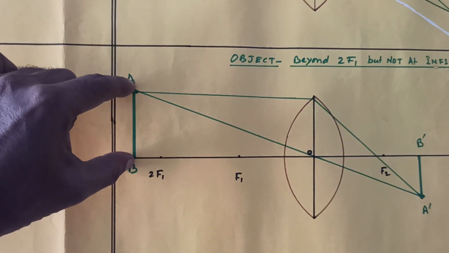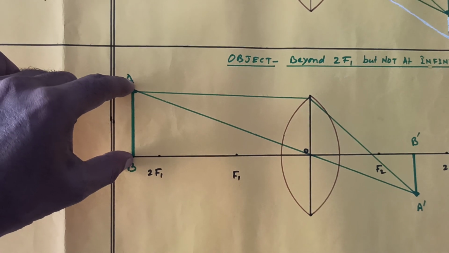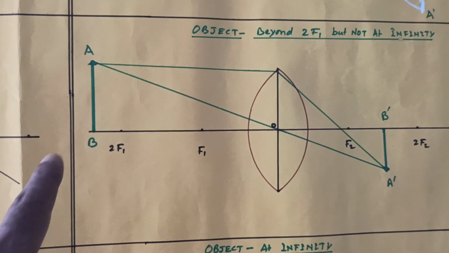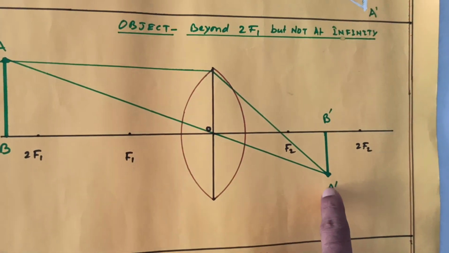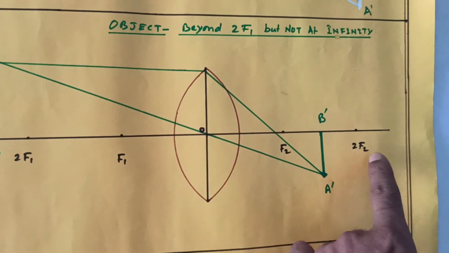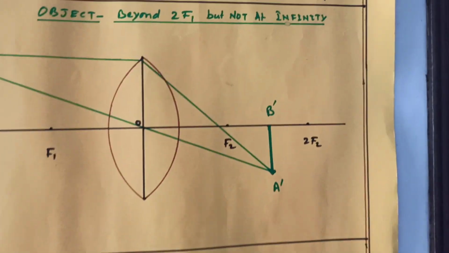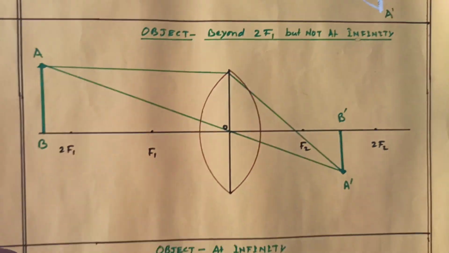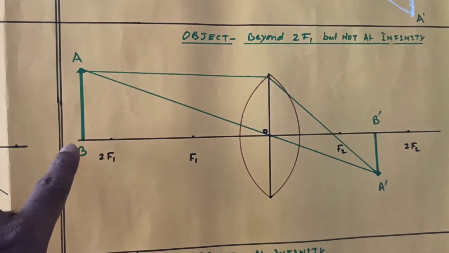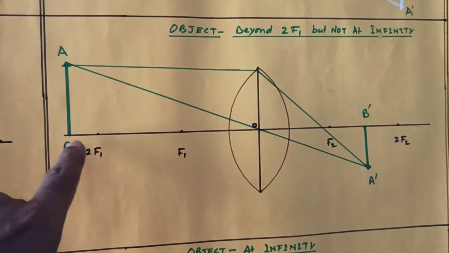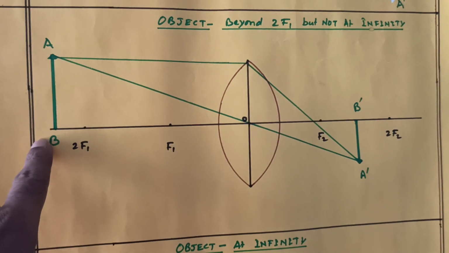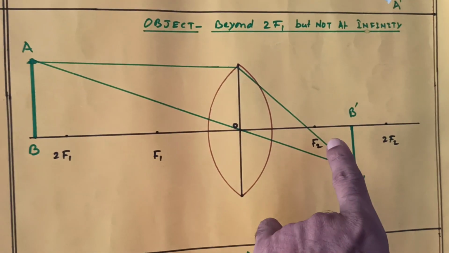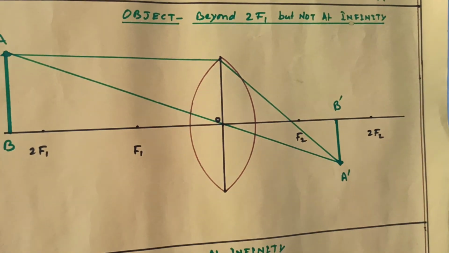Then the image which is formed is between F2 and 2F2. So when the object is placed beyond 2F1, the image formed by the convex lens is between F2 and 2F2.